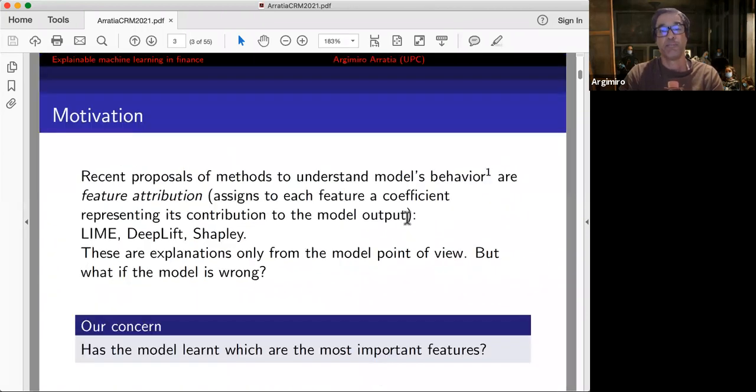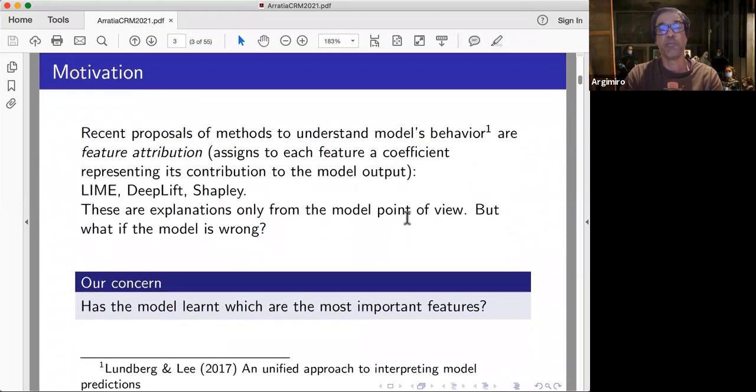So there have been very recent proposals, in this century, which try to replicate this idea about linear regressions, where we know from the coefficients which of these variables have been the most important in getting the answer in our model, right?